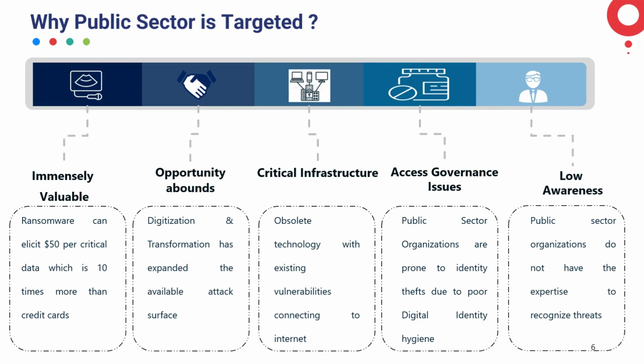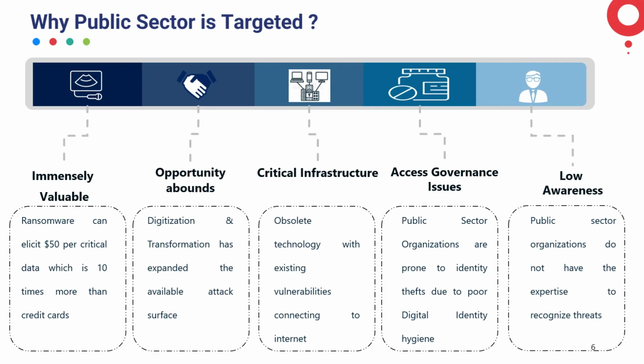Yeah, thank you, Gopal. So the key reason why the public sector is being targeted is mainly because of the kind of data it holds and the critical infrastructure it supports. Be it power or water supply, all the way up to the nuclear power plant, all these areas come under the public sector.